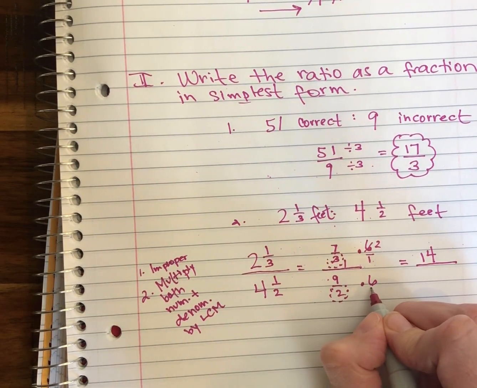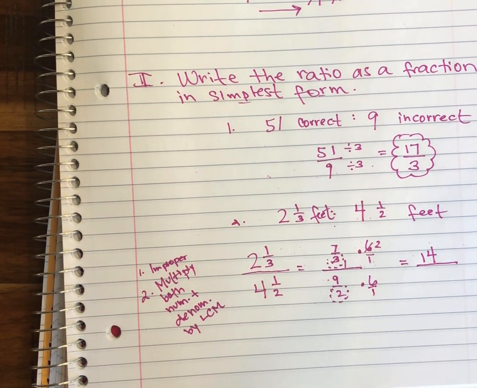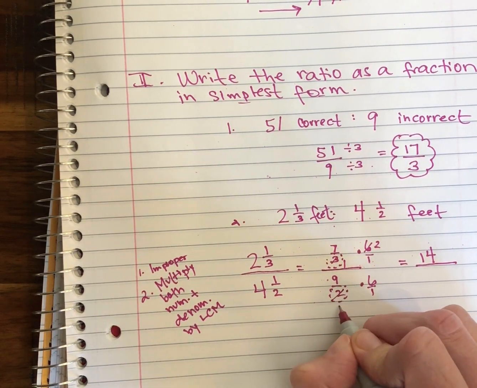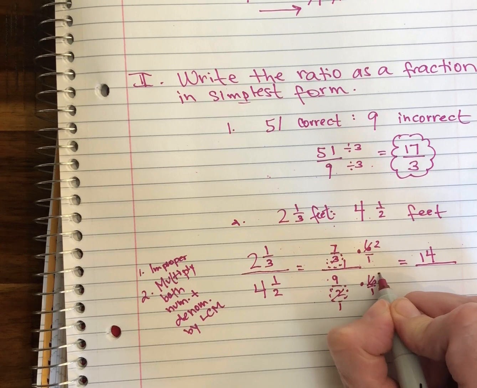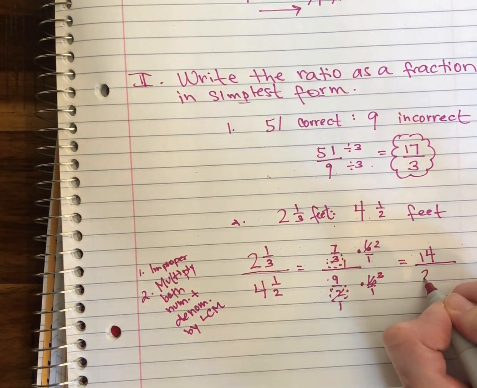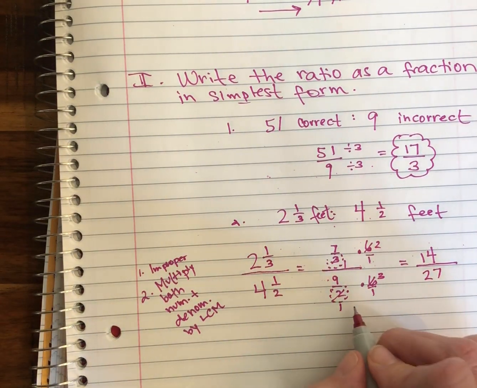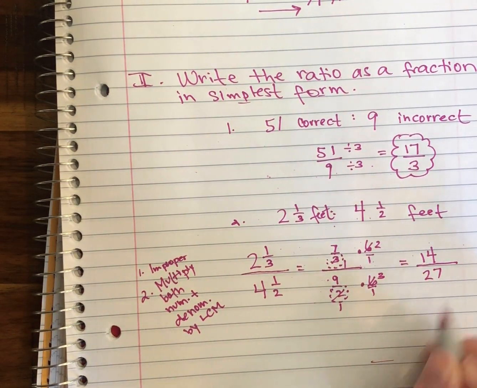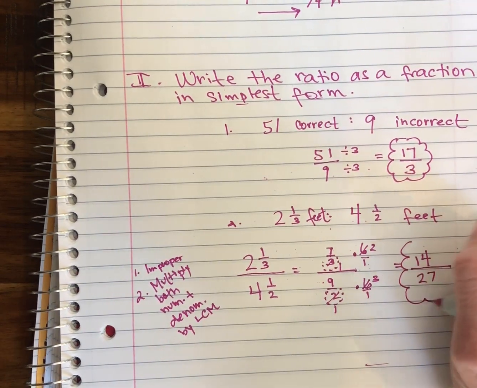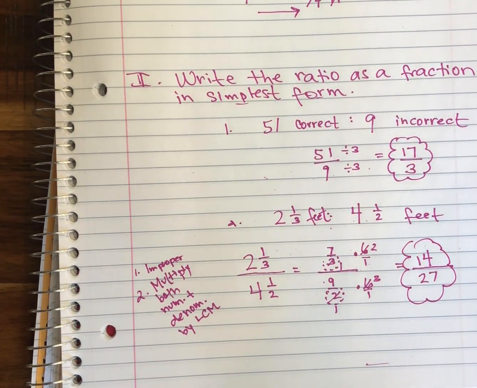Then I do the same thing on the denominator. 6 is the same as 6 over 1. I'm going to reduce the 2 and the 6. 2 goes into 2 once, 2 goes into 6 3 times. 9 times 3 is 27. 1 times 1 is just 1, and 27 over 1 is just 27. And I can't reduce.